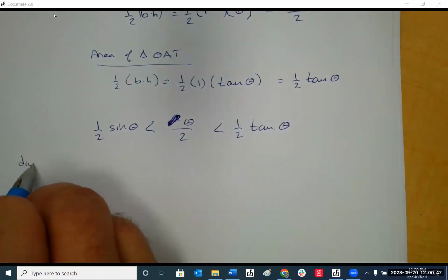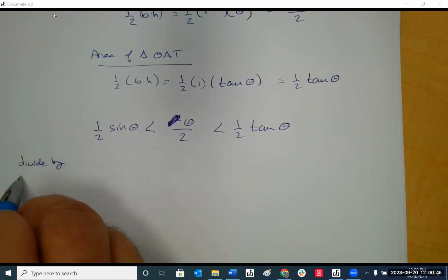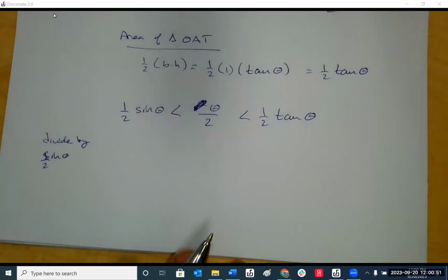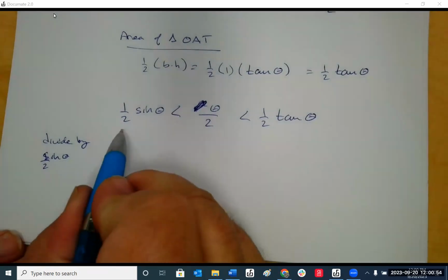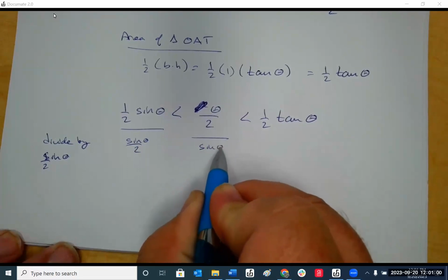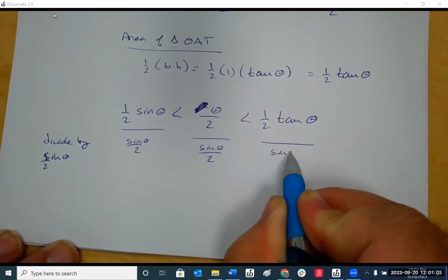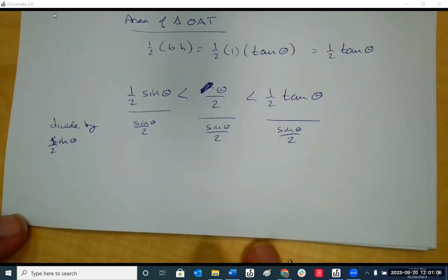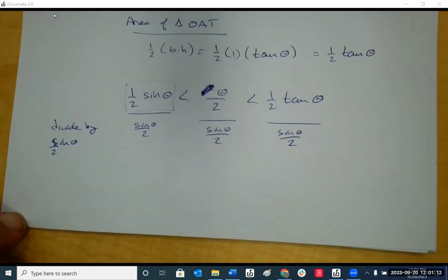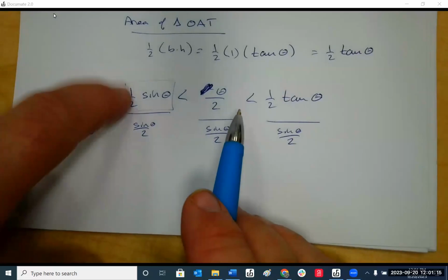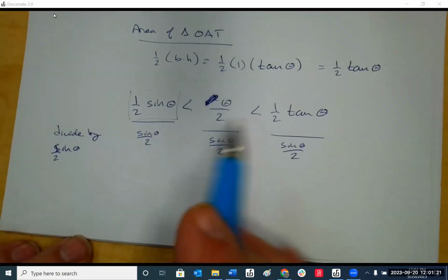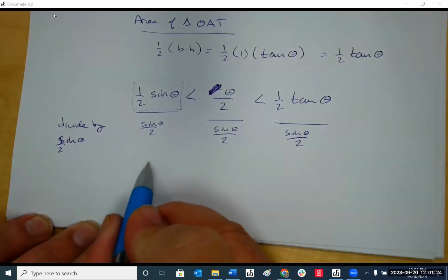Now, if we divide each term by sine over 2, because we have to get rid of one of the bounds, because we have to start parameterizing these things. And that's going to get rid of this one. That's going to put sine theta over theta in the middle. So sine over 2 over sine over 2 equals 1.